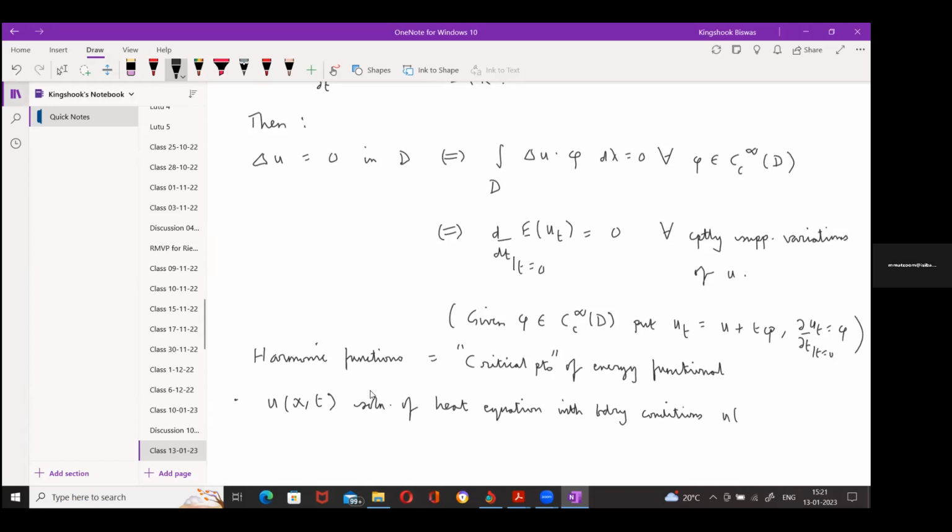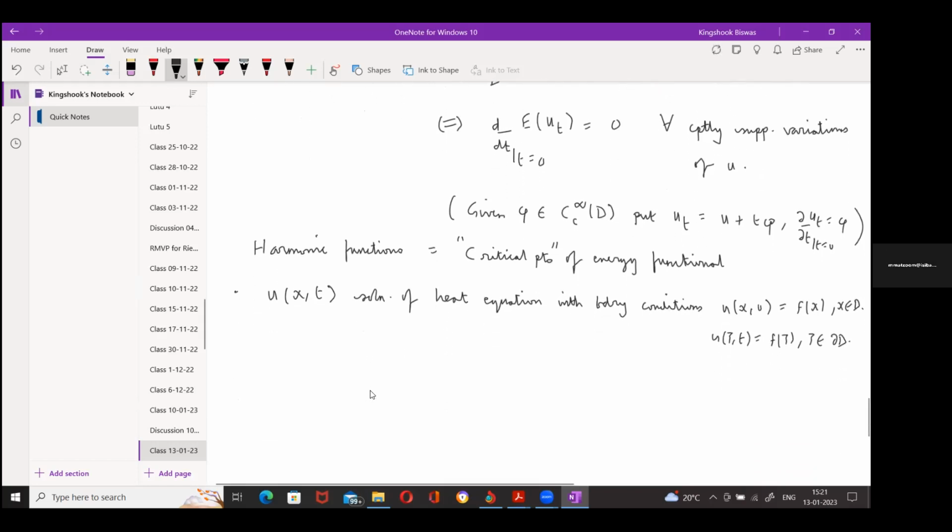So u(x,0) is f(x) for x in D, and u(xi,t) is f(xi) for xi in the boundary of D. Then let me look at the function u_t(x), this is u(x,t). Okay.